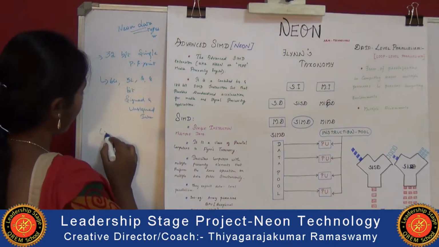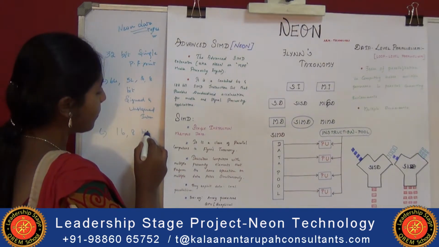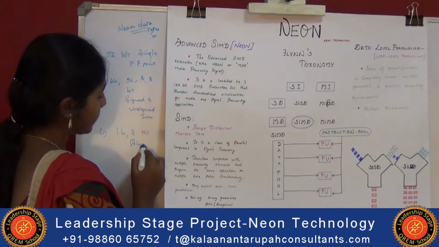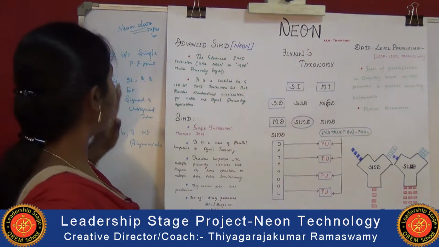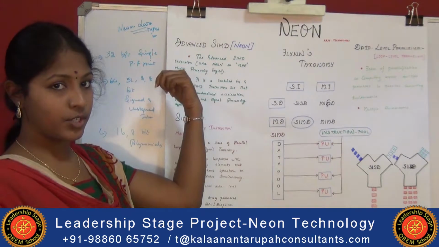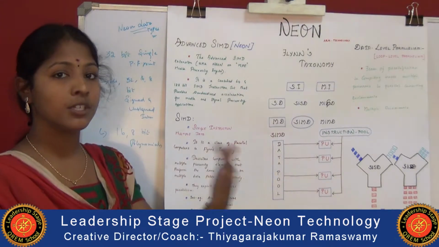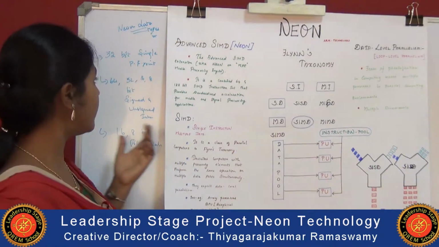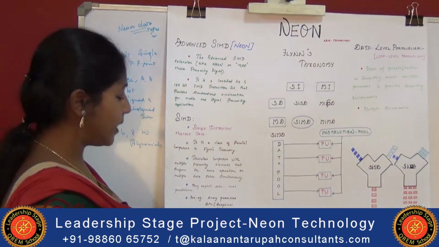And finally, it can also support polynomials. So 16 and 8-bit polynomials are supported by NEON. To recap: it does not support double precision floating point, but supports 32-bit single precision floating point. Then it supports both signed and unsigned integers of 64, 32, 16 and 8 bits. Then it supports polynomials of 16 and 8 bits. These are the data types.